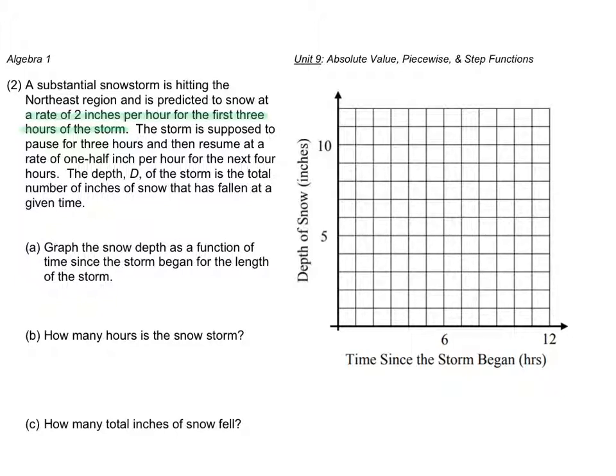So, time since the storm began. All right, well, if time is equal to 0, how many inches of snow are on the ground? 0. If we're going at 2 inches per hour, after 1 hour, how many inches of snow are on the ground? 2. After 2 hours? And after 3 hours? 6.